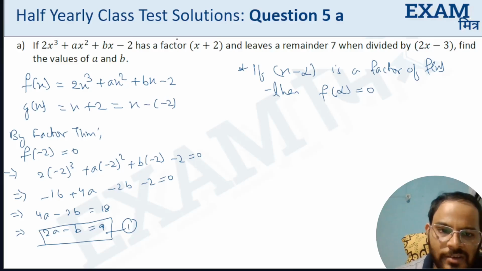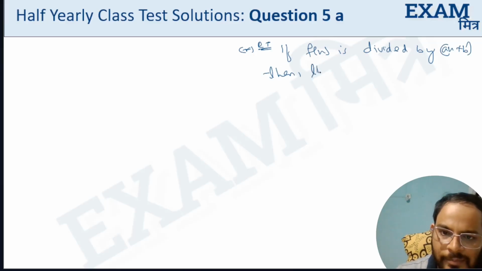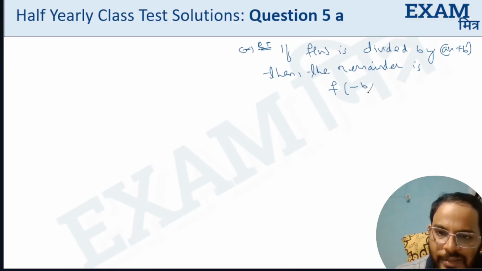So what the second statement? When this f(x) is divided by 2x minus 3, it leaves a remainder of 7. Now let's recap remainder theorem. What does remainder theorem says? If f(x) is divided by, let's say, ax plus b, then the remainder is f of minus b upon a.